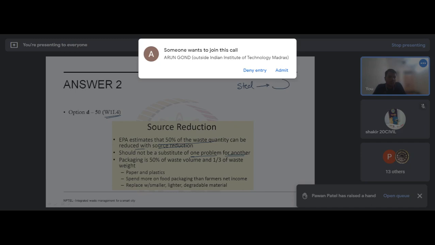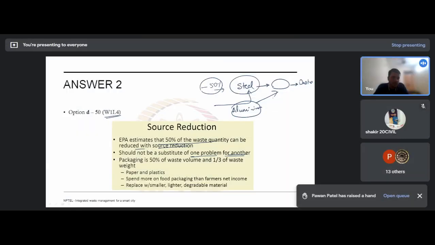Just an example: we reduce the steel by 50%, but instead we start using aluminium. That is not the solution, because we reduced the steel but added aluminium to the waste. It should not happen like this.